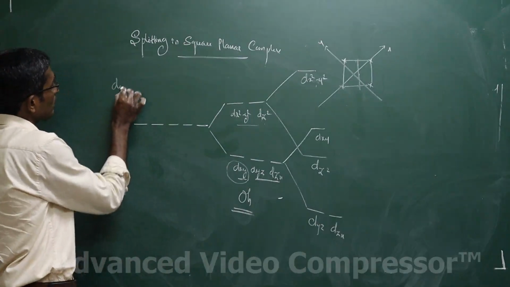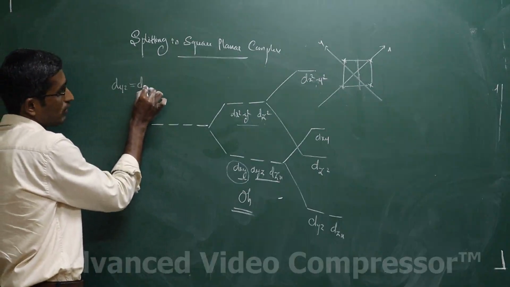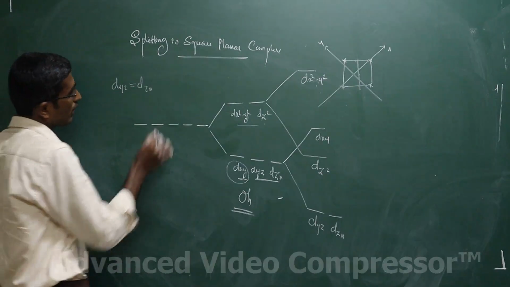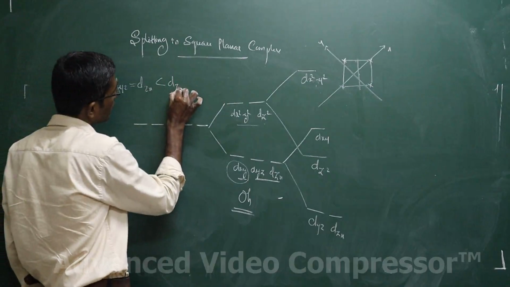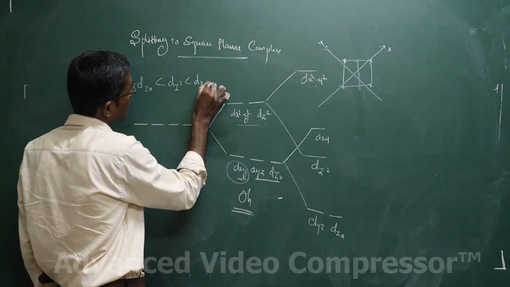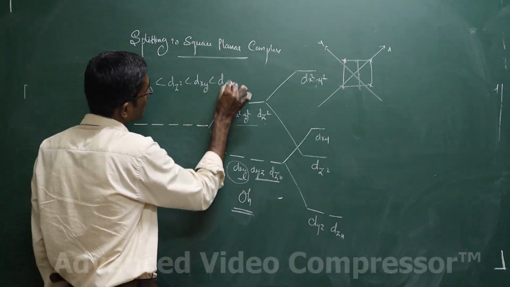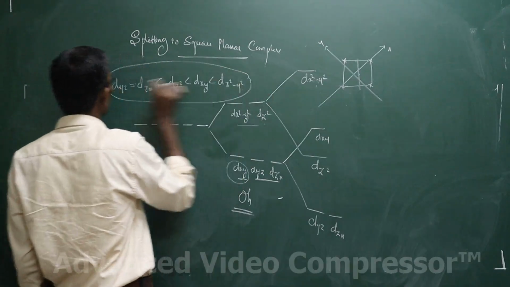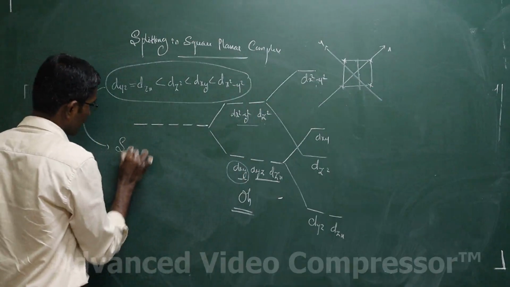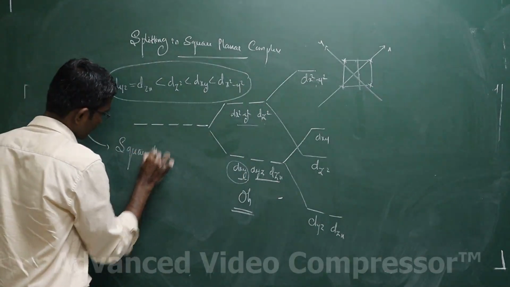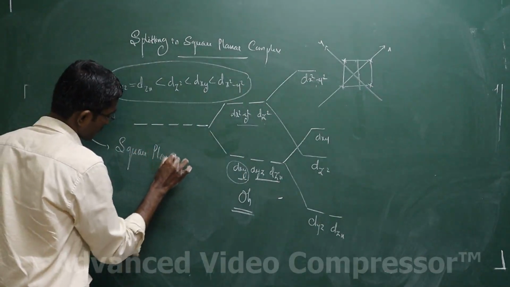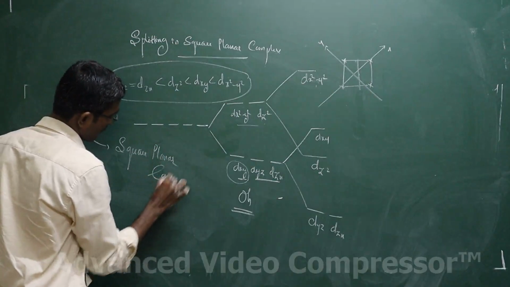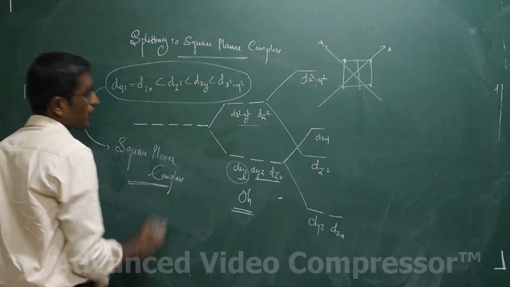That is dyz equal to dzx, afterwards we have dz square, afterwards we have dxy, afterwards we have dx square minus y square. This is the arrangement in the square planar complex.